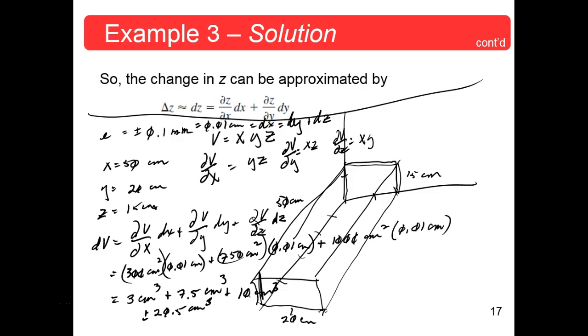Now it says then to estimate the propagated error and the relative error in the calculated volume of the box. Well, your calculated volume was 50 times 20 times 15. Well, 50 times 20 was our 1,000 again.